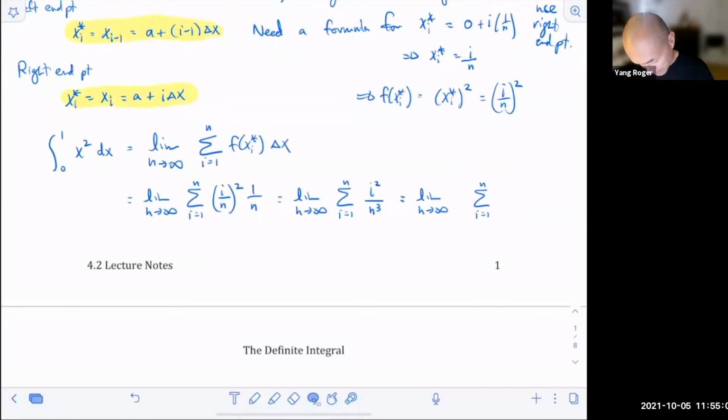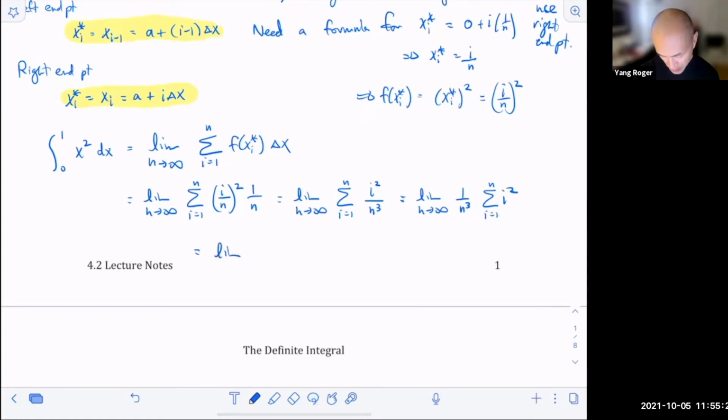I can factor out the n cubed, and I just have an I squared like this. Does that make sense? Are there any questions about that? Well, if we get to this step, we're extremely happy because I have a formula for what that is.